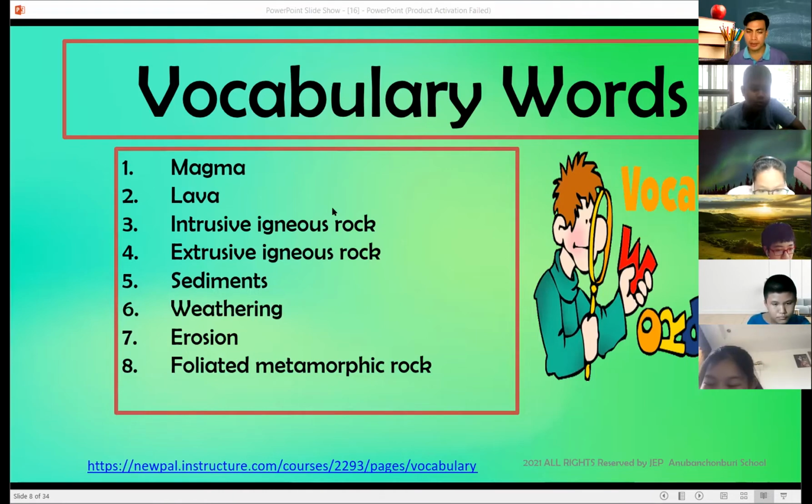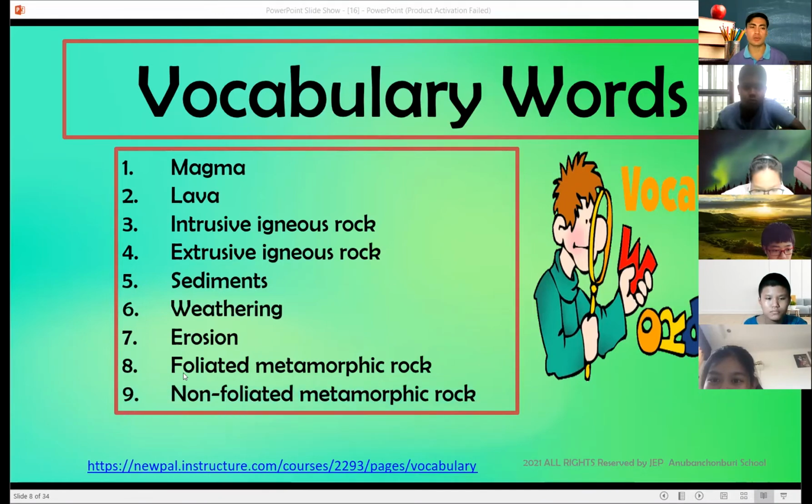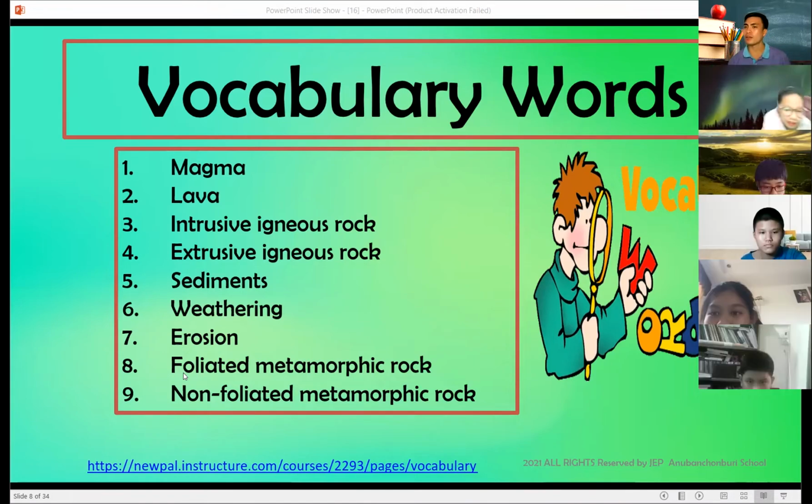I will repeat: foliated metamorphic rock. Okay, last word is non-foliated metamorphic rock. I will repeat again: non-foliated metamorphic rock.